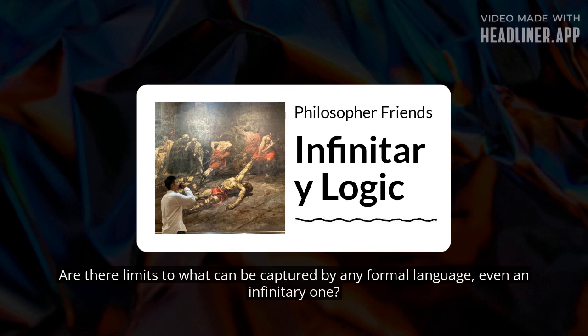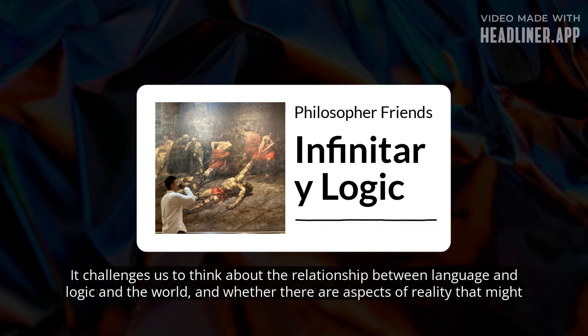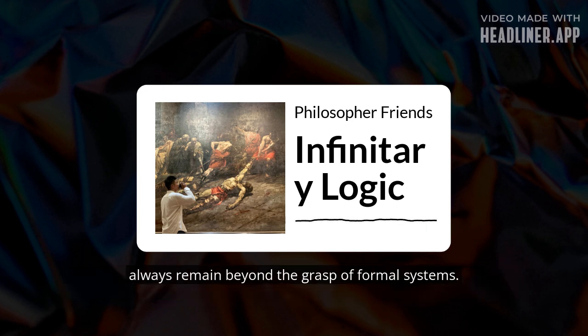Are there limits to what can be captured by any formal language, even an infinitary one? That's a great question to leave our listeners with. It challenges us to think about the relationship between language and logic and the world, and whether there are aspects of reality that might always remain beyond the grasp of formal systems.